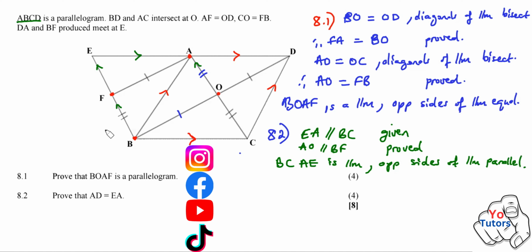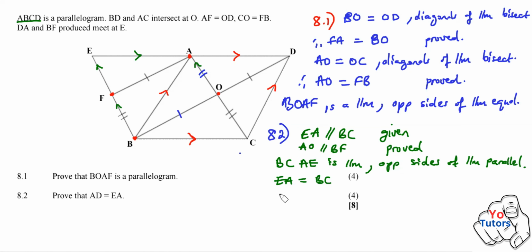That's what we know. Now, once we say that these opposite sides are parallel, we know that EA is equal to BC. When we have EA equal to BC, EA is also equal to AD, because this is a parallelogram as well. So here, prove that EA is equal to AD. We have proved that. So you can get your 4 marks from there, then you'll be fine.